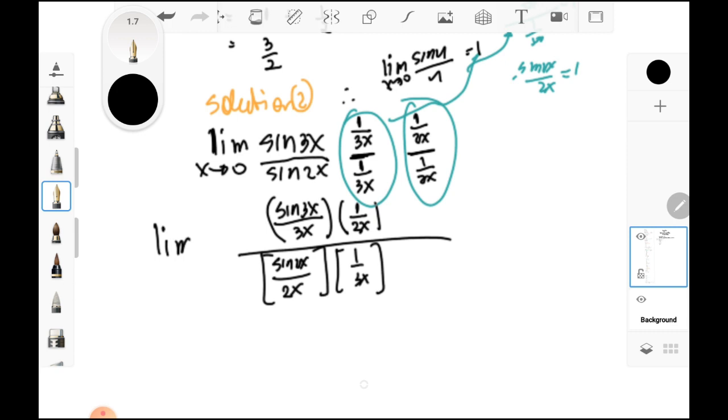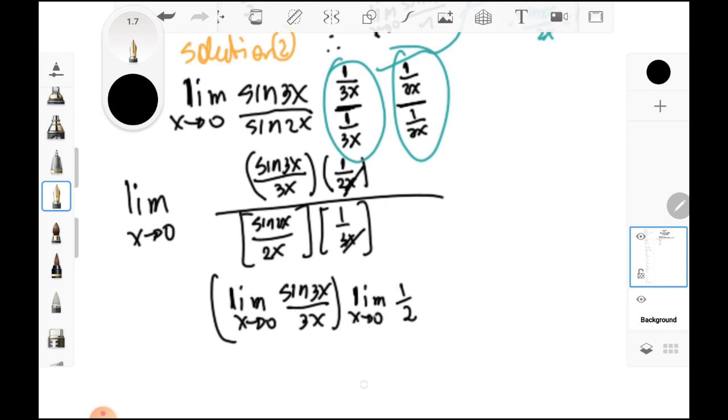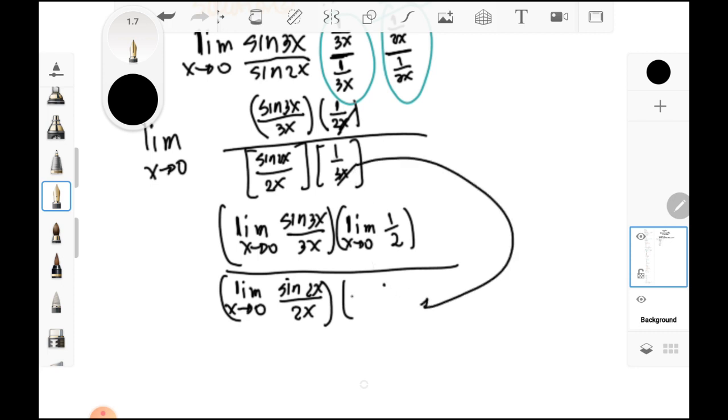Getting the limit of this as x approaches 0, we have the limit of sine 3x over 3x as x approaches 0, multiplied by the limit of 1/2 as x approaches 0, divided by the limit of sine 2x over 2x as x approaches 0 multiplied by the limit of 1/3 as x approaches 0.